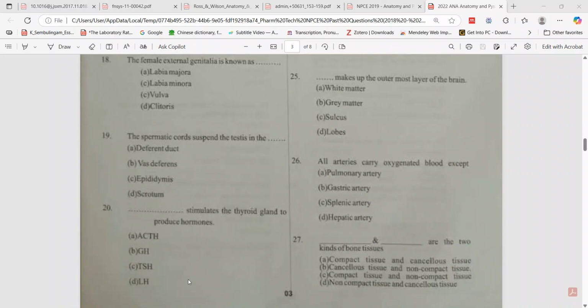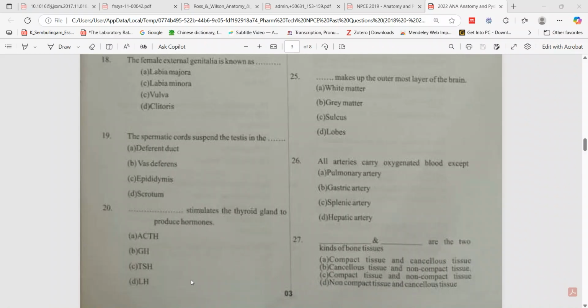Question 25. Dash makes up the outermost layer of the brain. Focus.